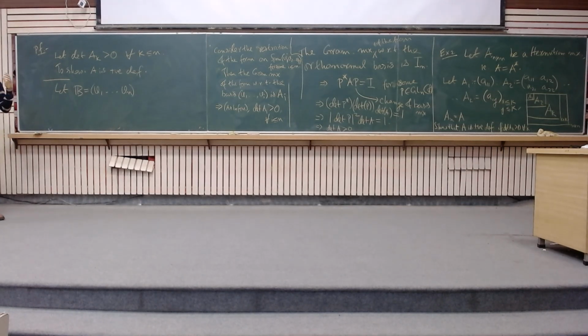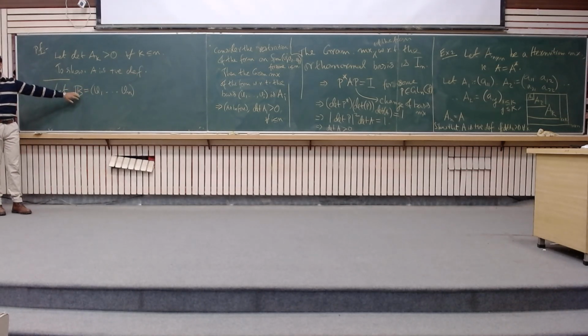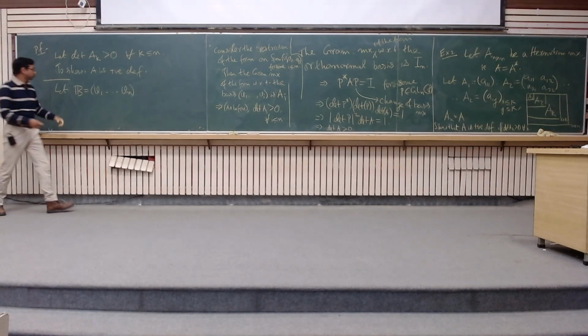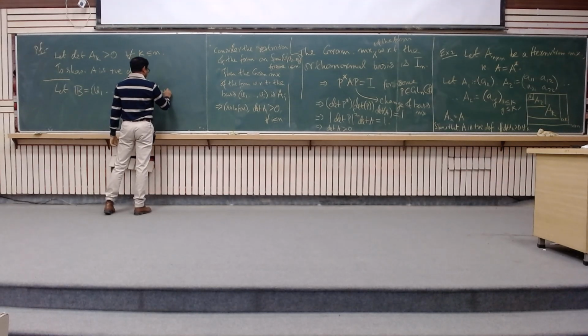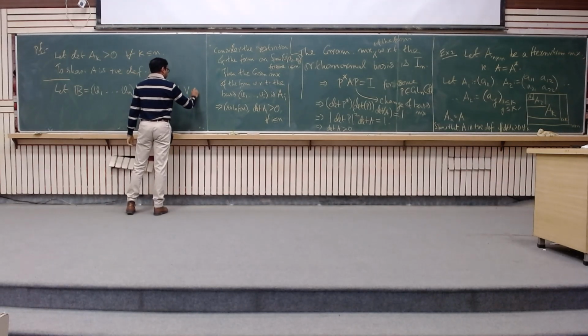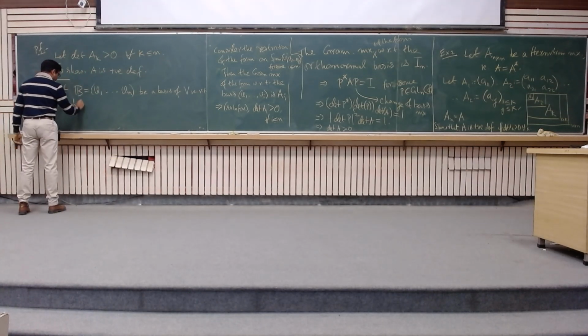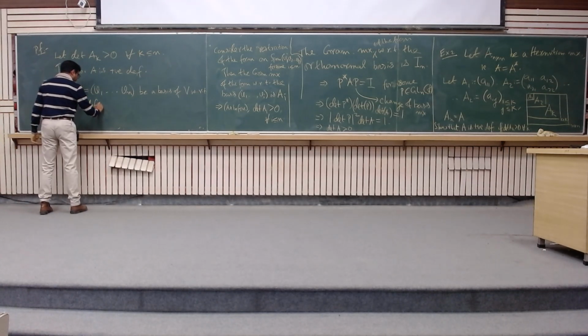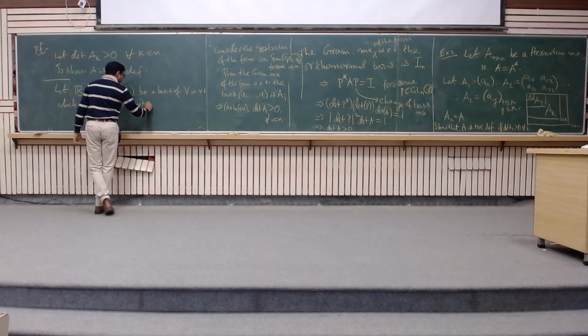But when we are taking an orthogonal basis, we are talking about a vector space already, and A defined a Hermitian form with respect to some basis on that, right? And we assumed that this was the first choice of basis of V. So this is a basis of V with respect to which A defines a Hermitian form.